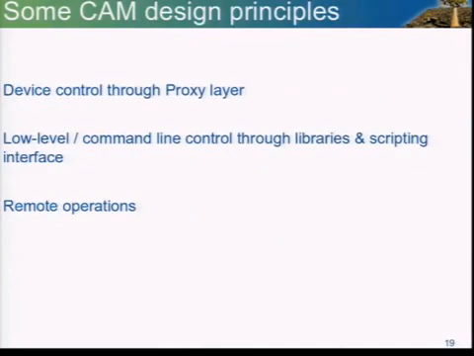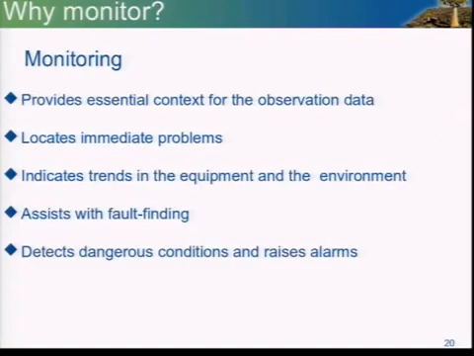So, where are we? Sorry, there we go. Why do we monitor stuff? It's because the radio telescope is collecting this RF signal data, but it does need a bit more than that. You need a context for it, and the context includes things like where were the antennas pointing when you collected this data. Signals have to be combined and correlated, so we need to know exactly where all the dishes were pointing at every moment.